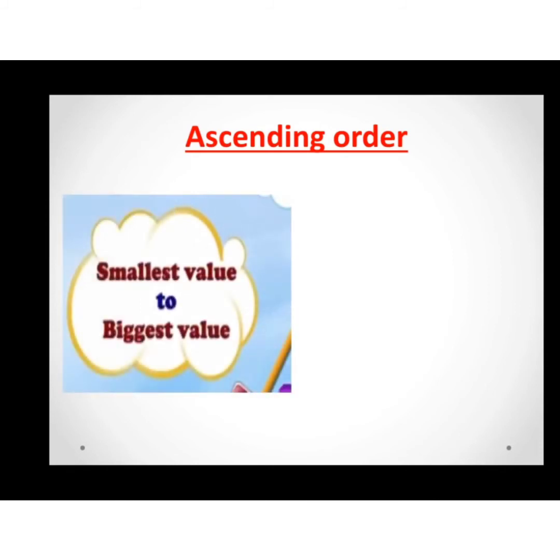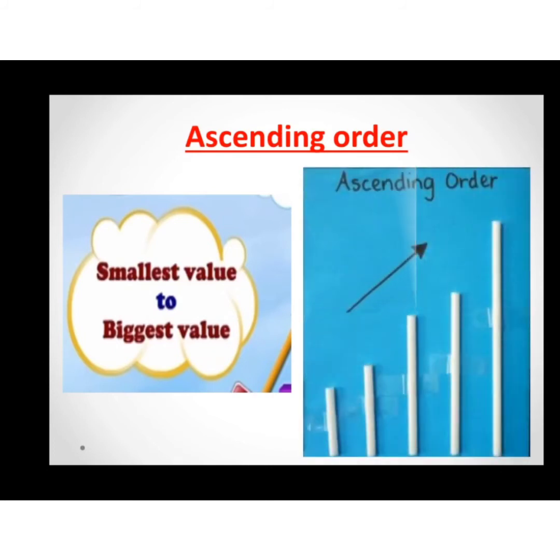So, in ascending arrangement, we have to start with the smallest value and move towards a bigger one. Here, you can see the arrangement of straws is done in ascending manner. That means from the smallest one to the biggest one. Ascending order is also known as increasing order.